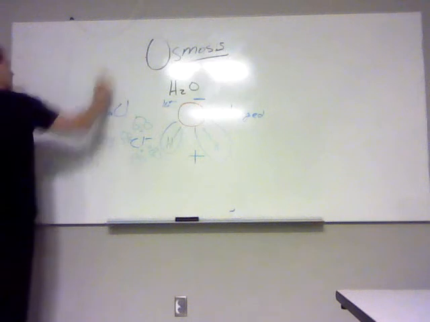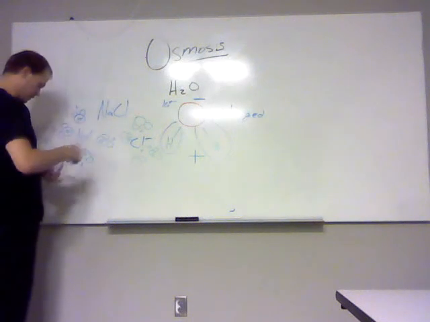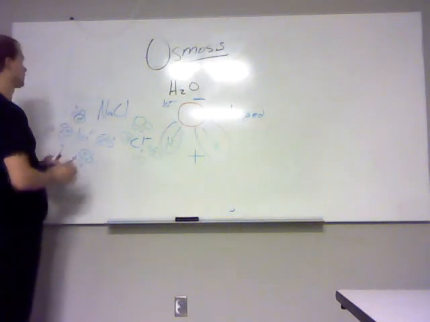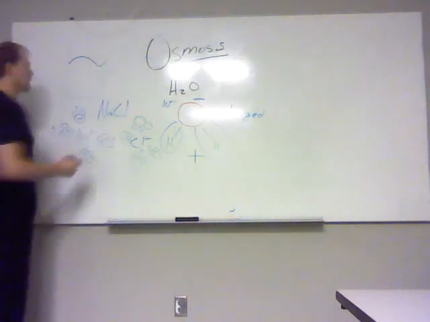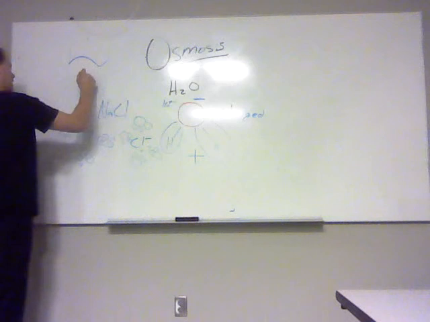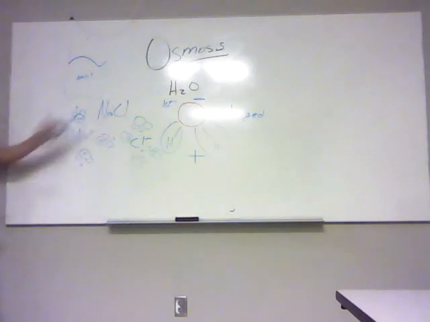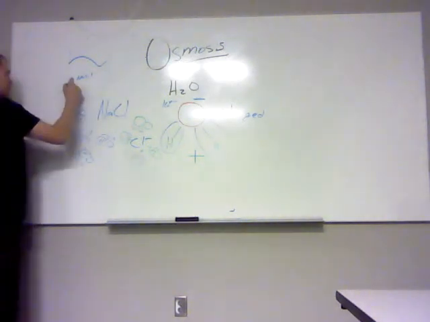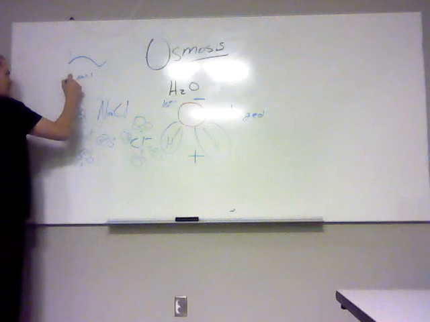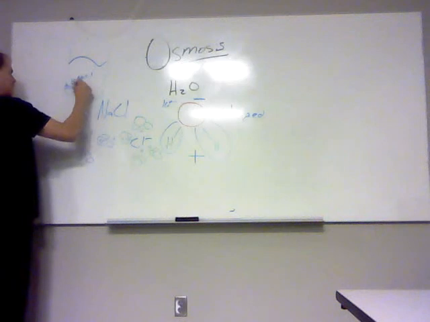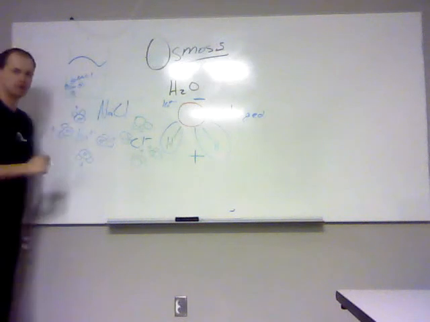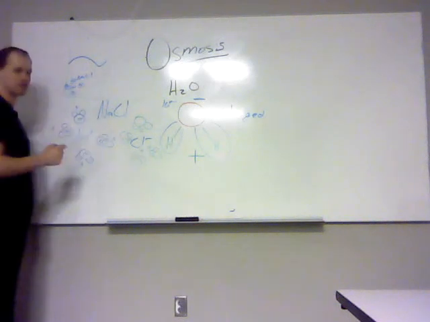let's say we're looking at a beaker here. Let's say this is a beaker of water, and I just dump some table salt in there. This is what you're going to be seeing. The sodium is going to be separated, and then the water molecules are going to engulf the sodium, and the negative pole of the water molecule is going to surround the sodium.